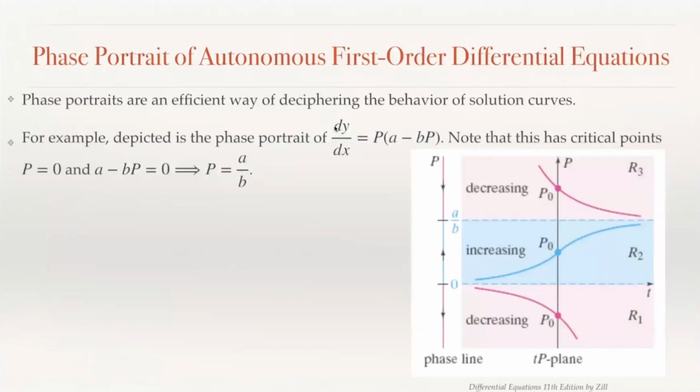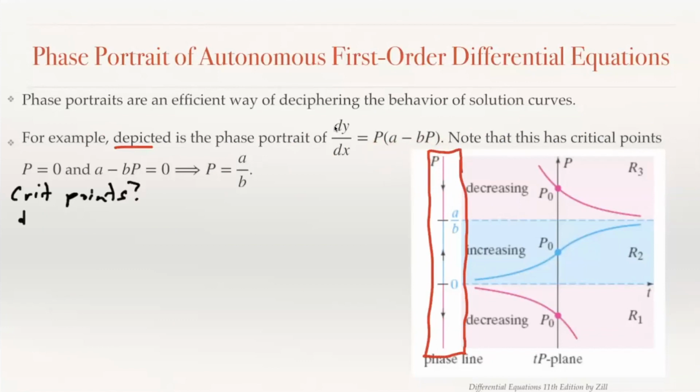Yes, so phase portraits are an efficient way of deciphering the behavior of solution curves. So for example, depicted is the phase portrait of dy/dx equals p times (a minus bp). And by depicted, I specifically mean this part over here. That's the phase portrait. We could find this ourselves by finding the critical points. The critical points are where dy/dx equals 0.